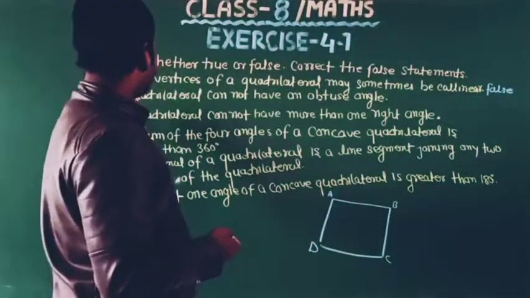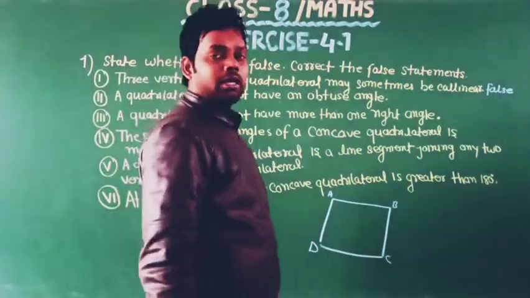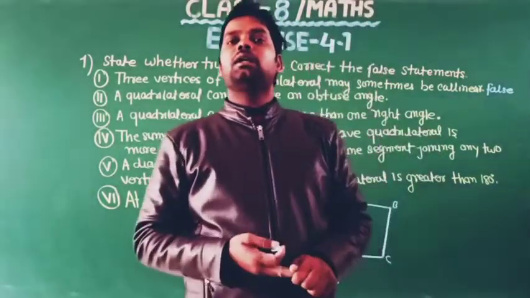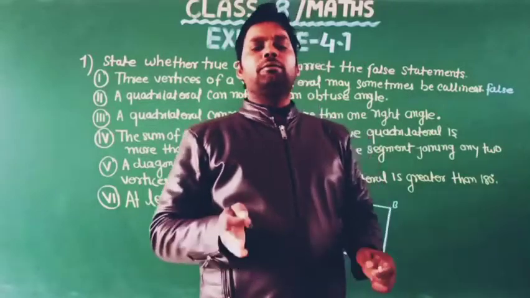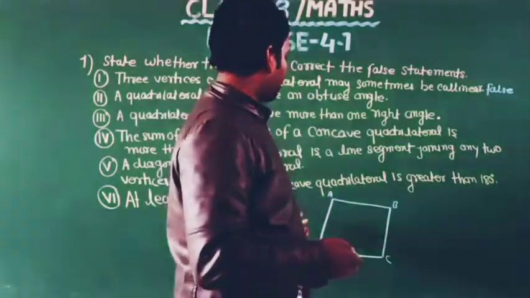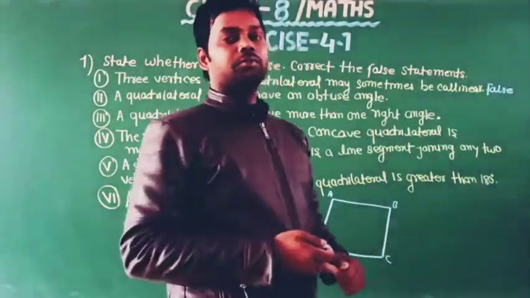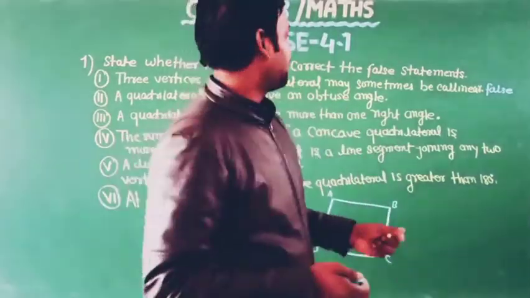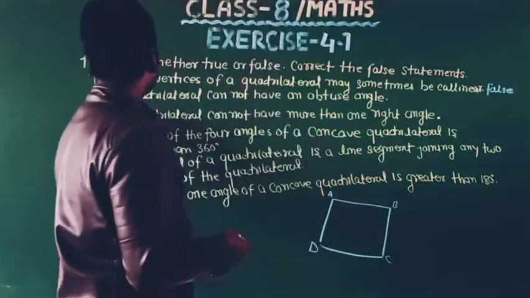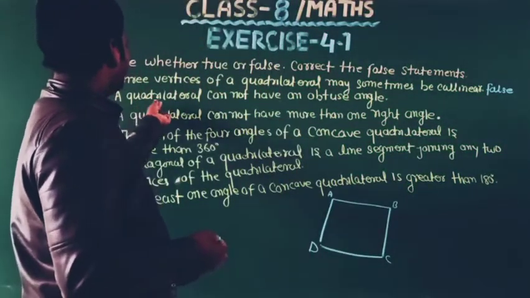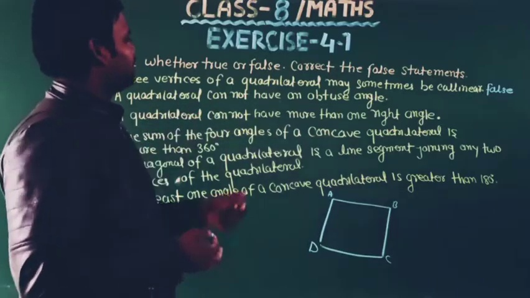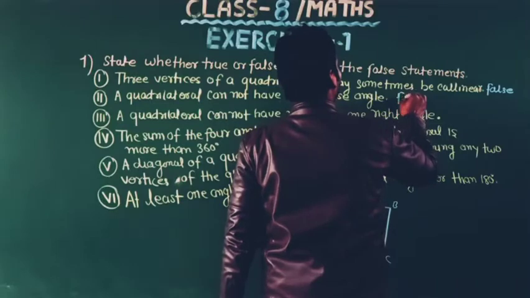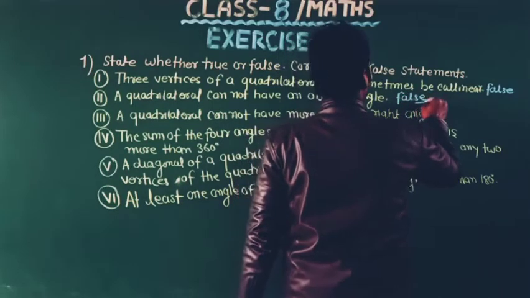A quadrilateral can also have an obtuse angle, so this statement is false. Remember that in a concave quadrilateral, one angle is more than 180 degrees. So the second statement is also false.